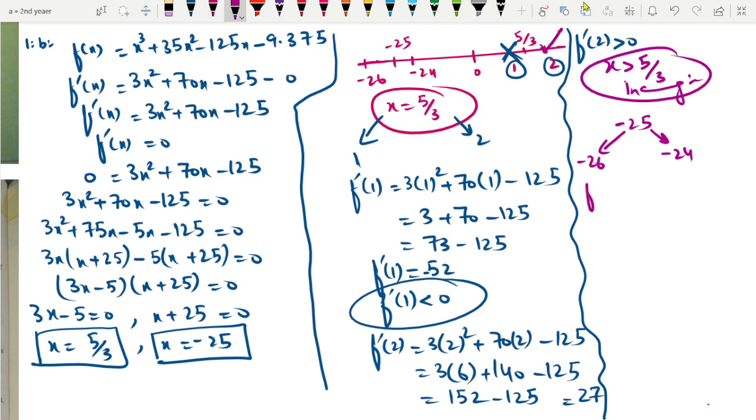For minus 24, f prime of minus 24 becomes 3 into minus 24 square plus 70 into minus 24 minus 125. 24 into 24 is 576, and minus 70 into 24 is 1680, minus 125.